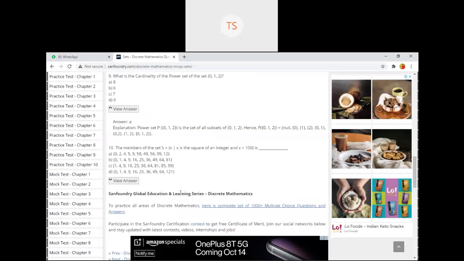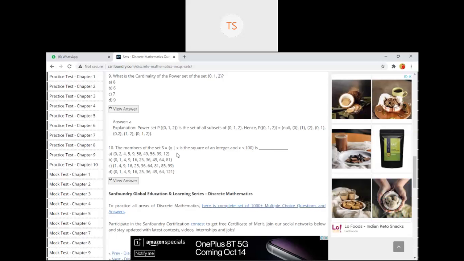Now question number 10. The members of the set S, where x is the square of an integer and x is less than 100, are? So what are the elements of the set S? x is the square of an integer and x is less than 100.